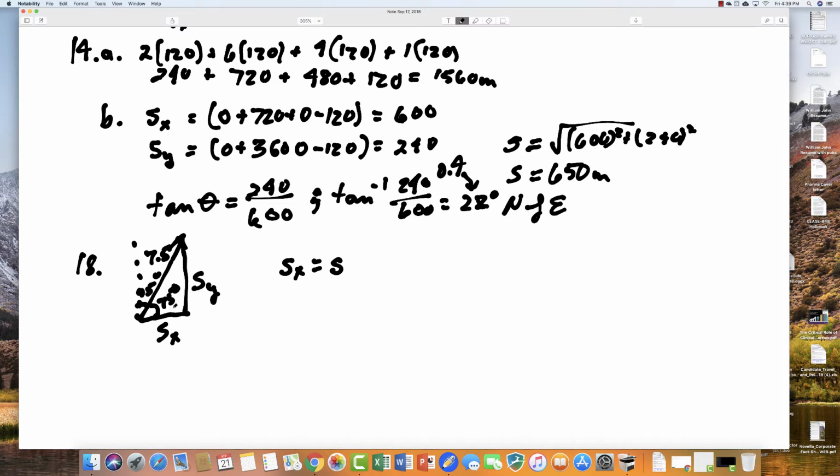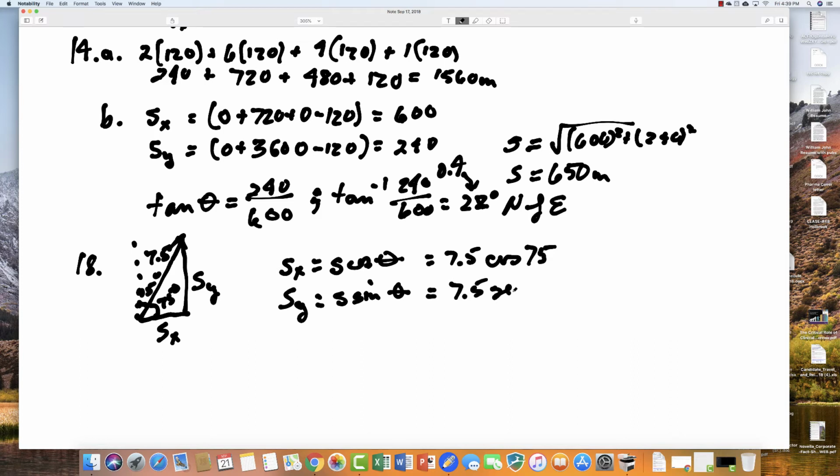Sx is the side adjacent to this angle, so that's adjacent over hypotenuse. So that's going to be the cosine of theta, and Sy is going to equal S times the sine of theta. And so this is going to be equal to 7.5 cosine 75 degrees, and this is going to be 7.5 times the sine of 75 degrees.